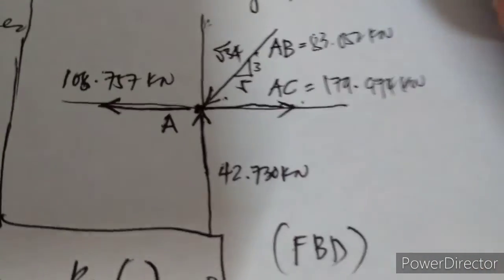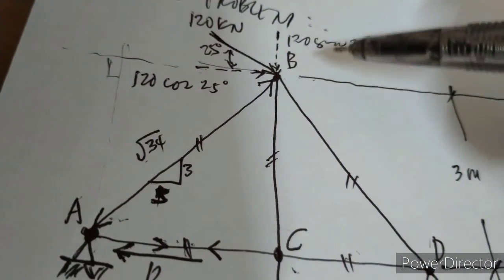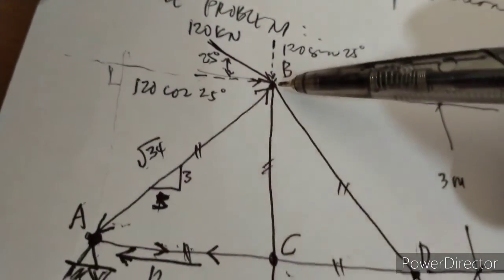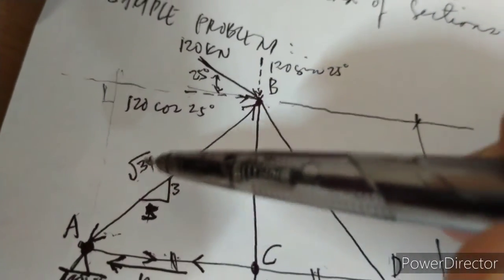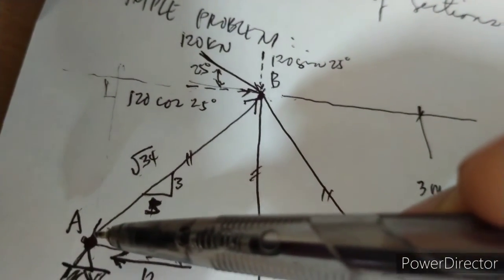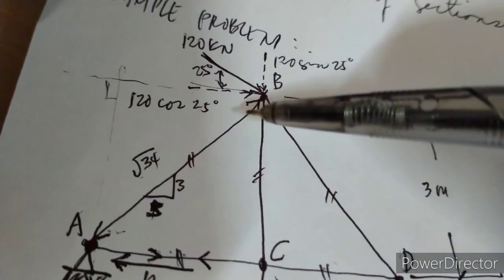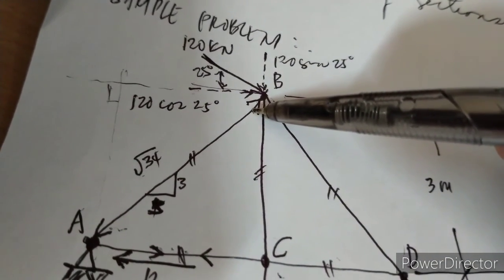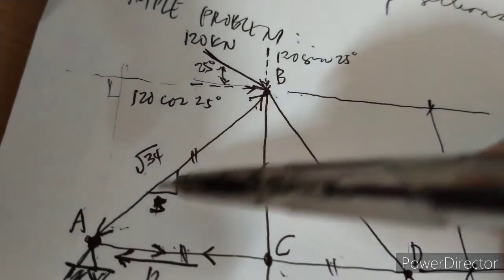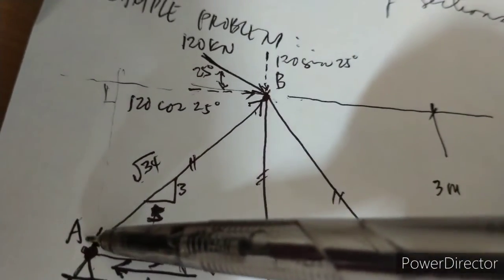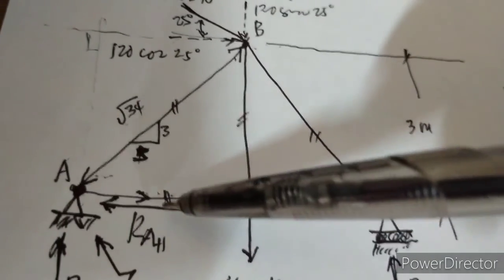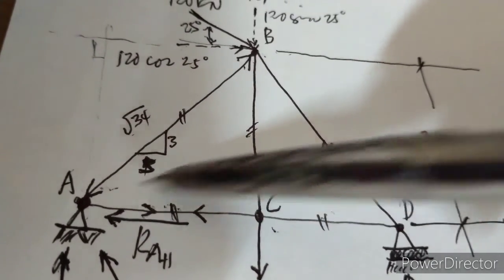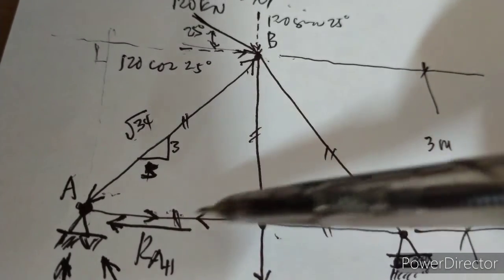If we isolate another joint, say next is B, whatever the value of AC at this joint will be carried over. AC is not included in B, even though we have already computed the value of AC.